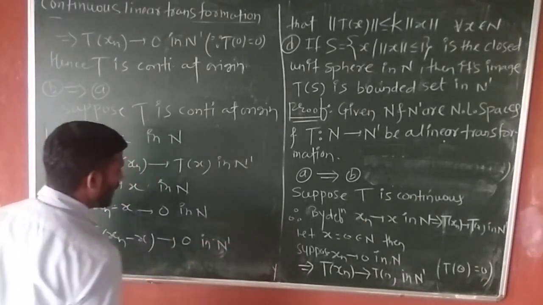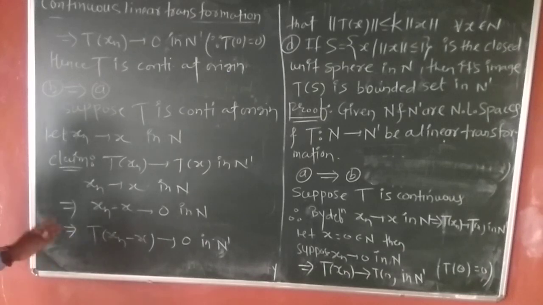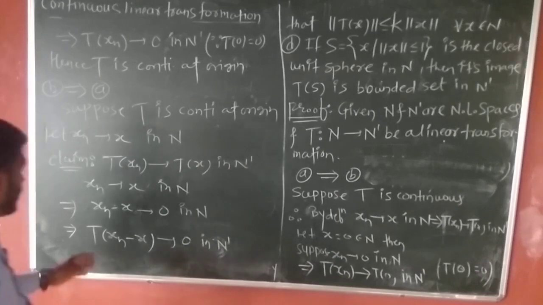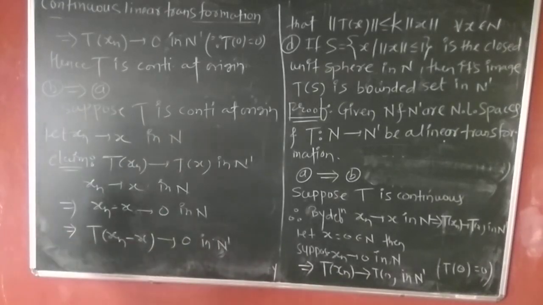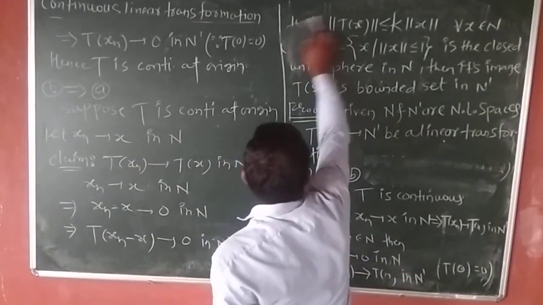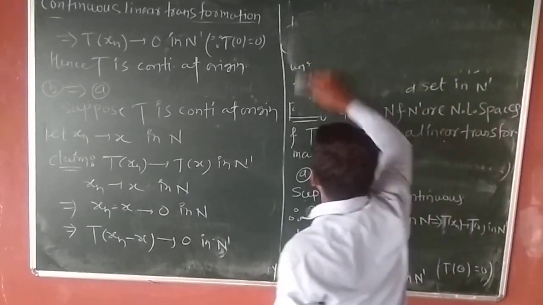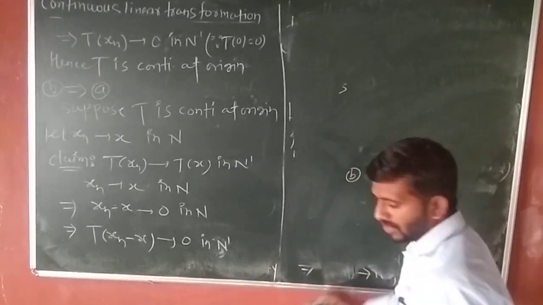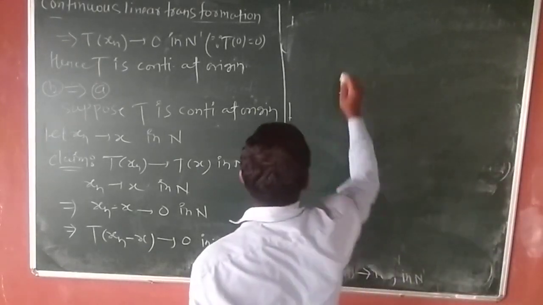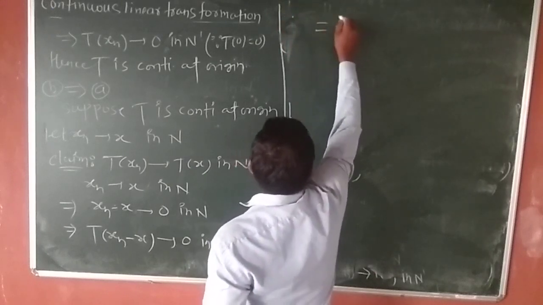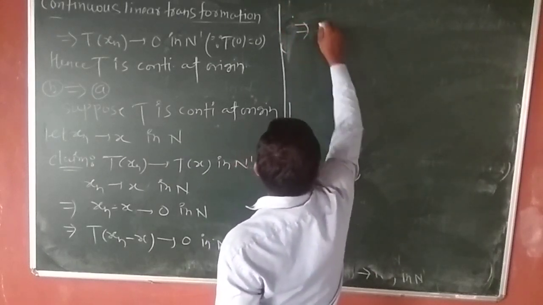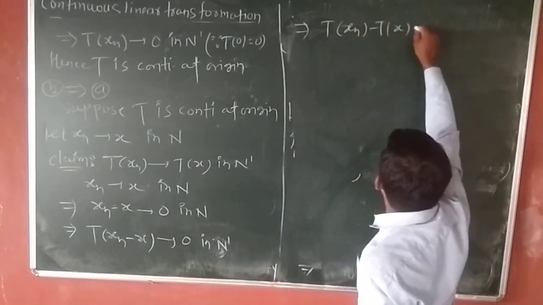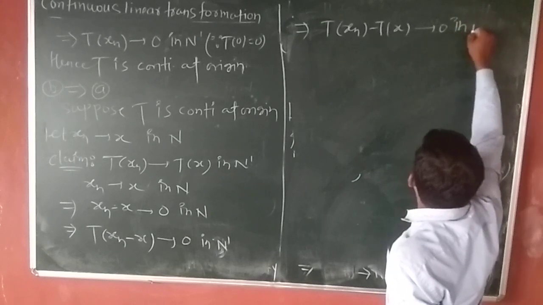Since we applied the linear transformation, and you know the property of linear transformation, this implies T of x_n minus T of x tends to 0 in N dash.